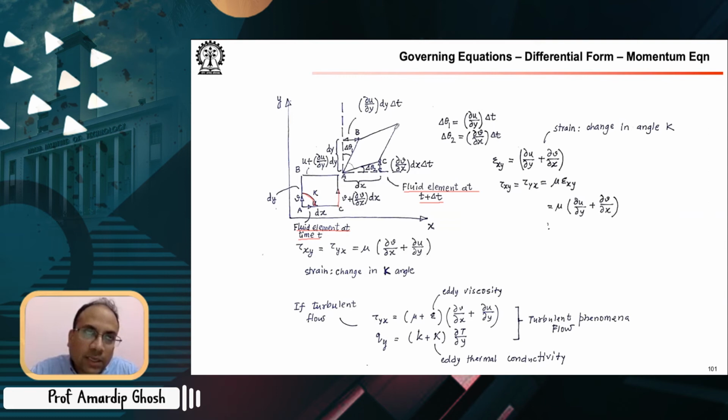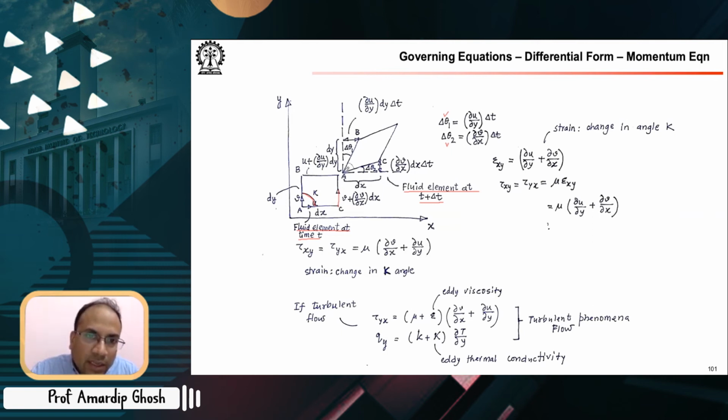Remember, strain has something to do with deformation divided by the initial scales. Now, in case of a fluid element, the deformation is a little different from the deformation of solids. In this case, the deformation is given by the summation of del theta 1 and del theta 2.